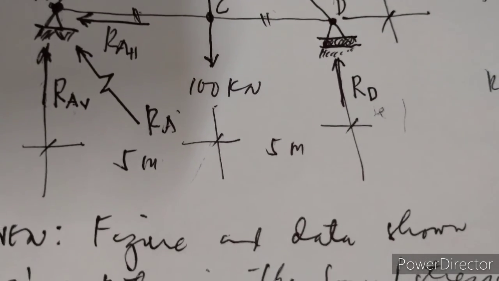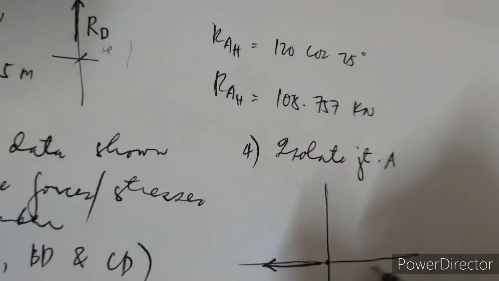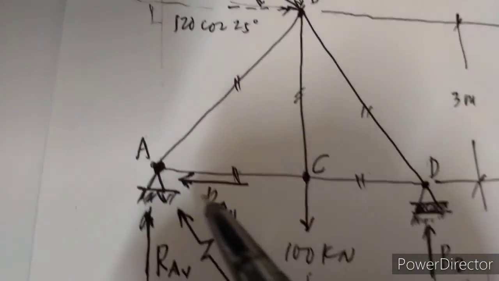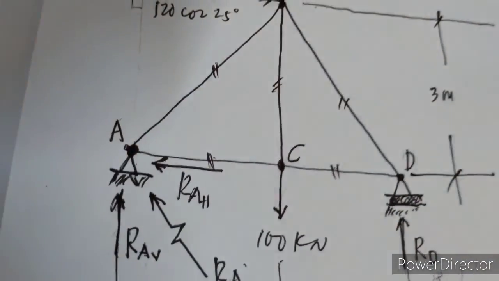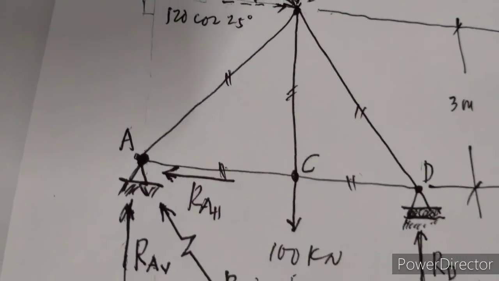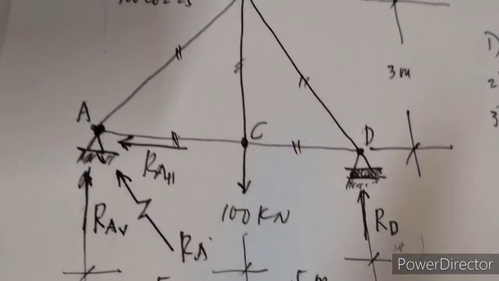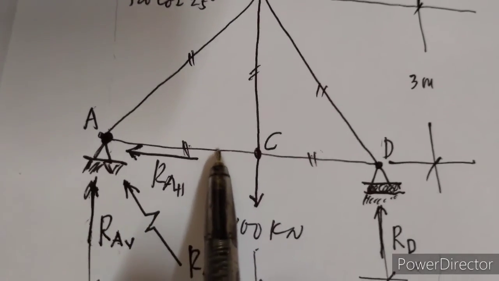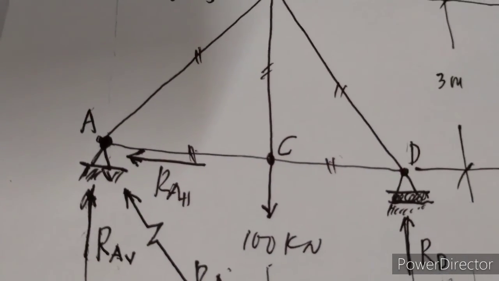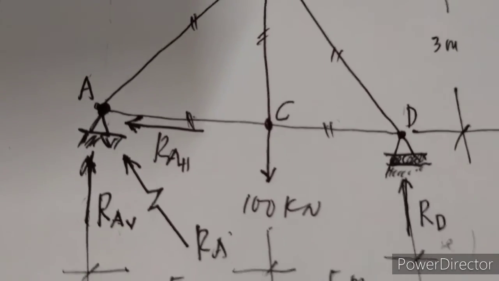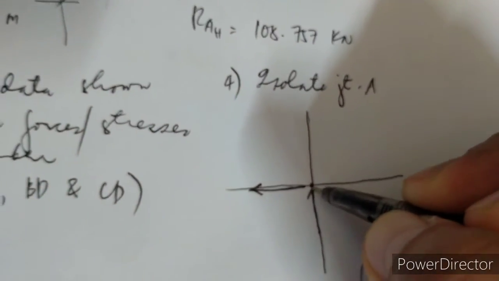So we all have to redraw. RAH is going to the right, so we just simply extend it so that you will not be confused with the member later on. Since you have RAV, we have RAV going up.